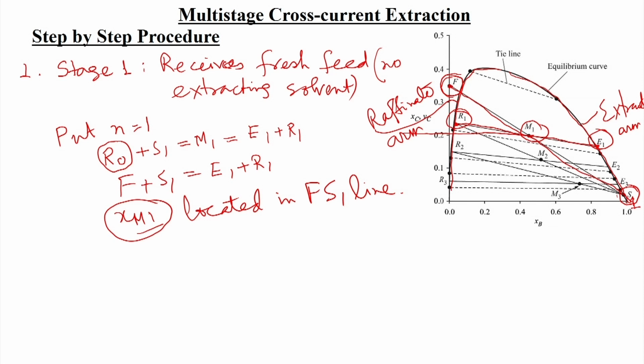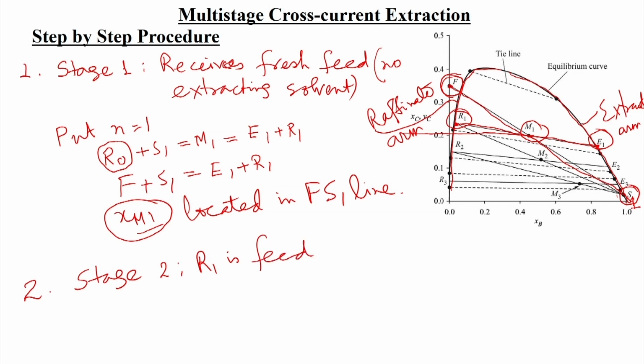So, if we remember, R1 is the feed to stage 2. So, for the second stage, for stage 2, R1 is feed.